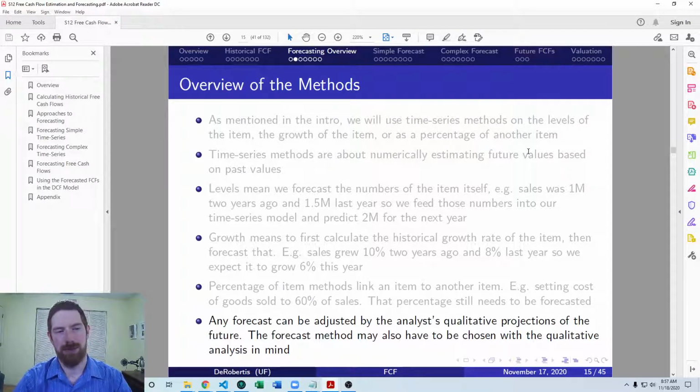And with all of these different forecast targets, with any time series method that you're going to use, you can still adjust the forecast afterwards.